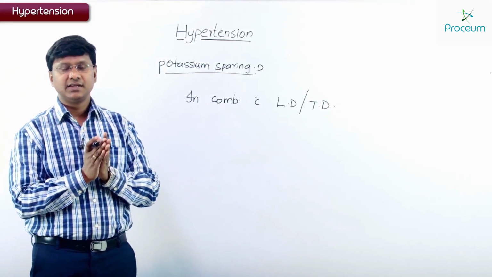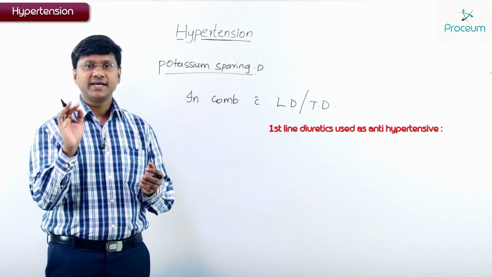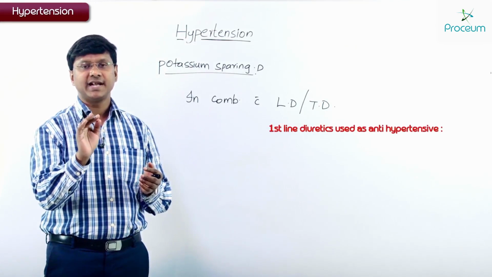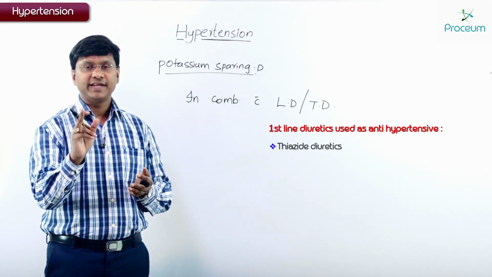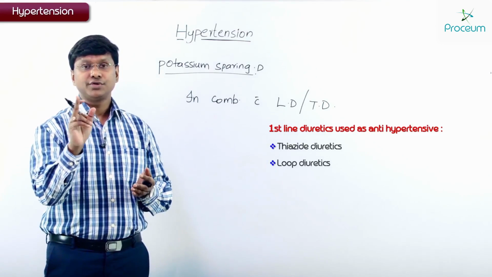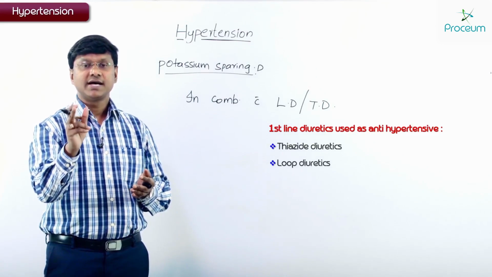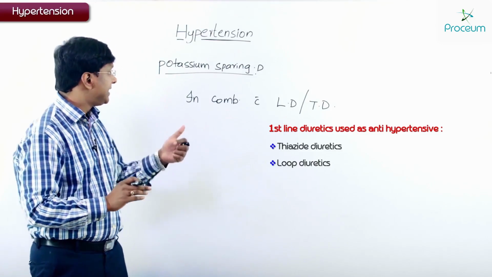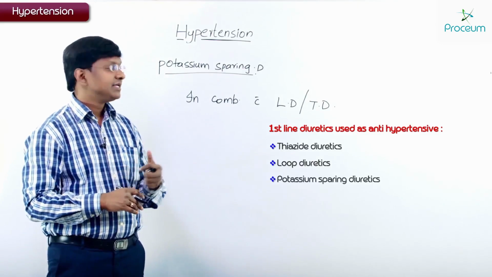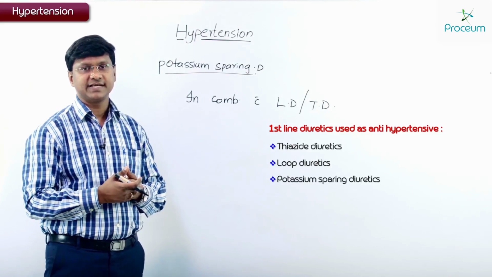So this is the discussion about the diuretics as antihypertensives. The first line diuretic used as an antihypertensive is the thiazide diuretic, and the loop diuretics are not used in mild or moderate hypertension, they are used in severe hypertension associated with congestive heart failure or renal dysfunction. And the potassium sparing diuretics are used in combination with either loop diuretics or thiazide diuretics.